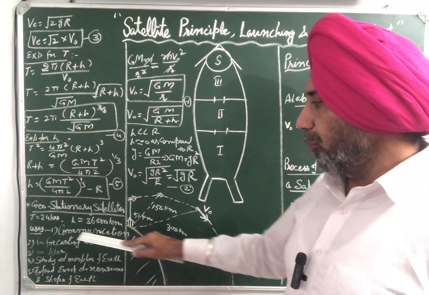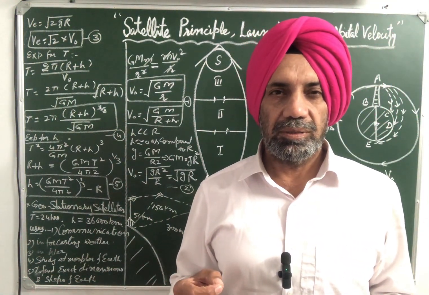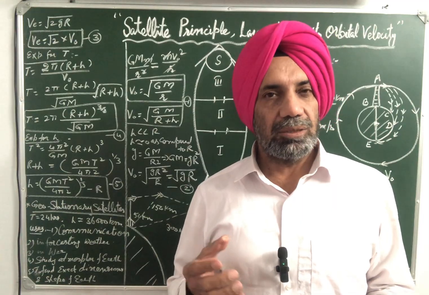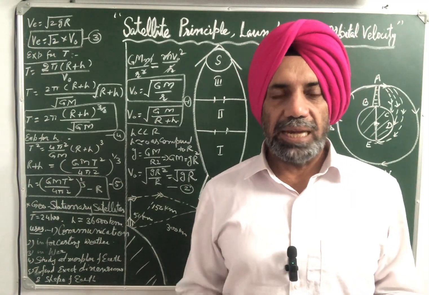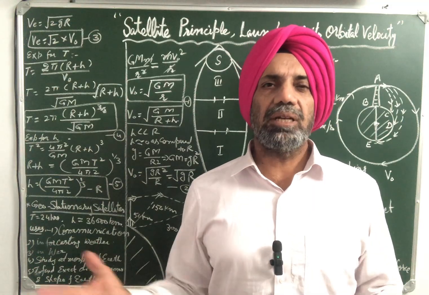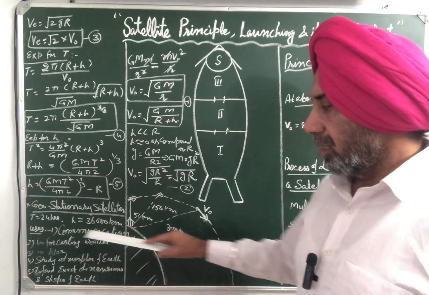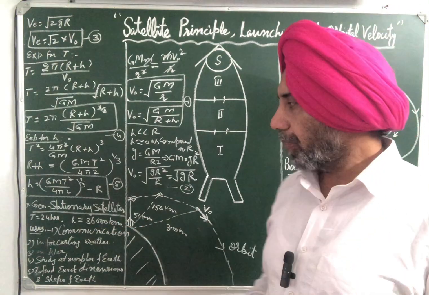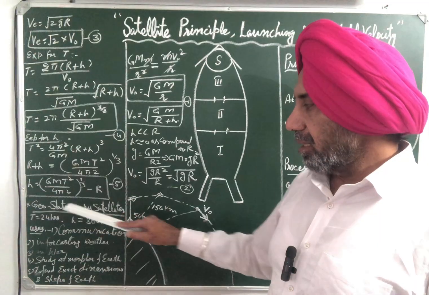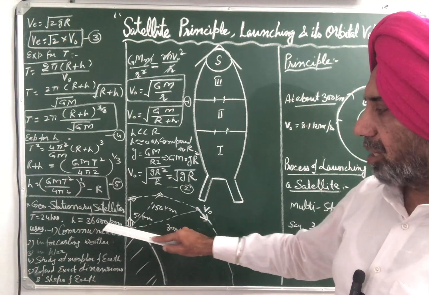We use communication satellites to run our television, mobile phones, internet, everything that is taken from the communication satellites. Geosynchronous satellites have a time period of 24 hours and a height equal to 36,000 kilometers.